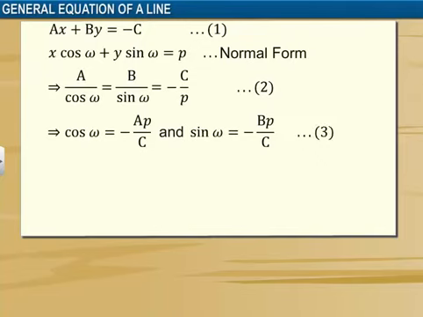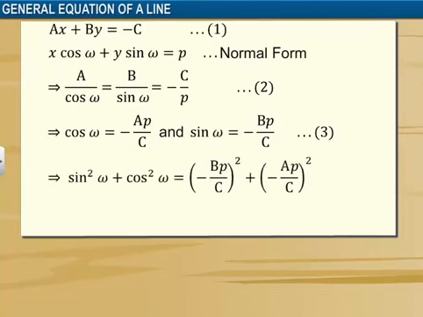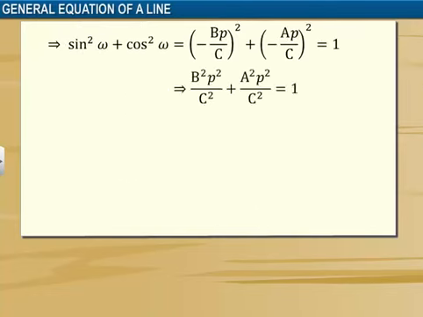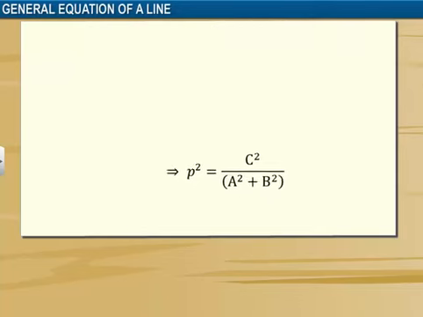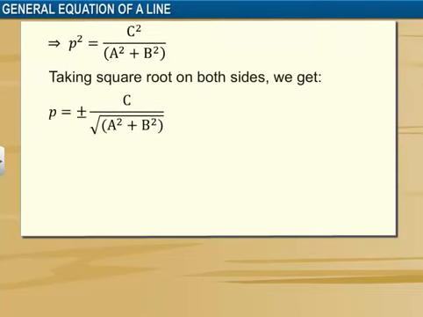Substitute these values of sin omega and cos omega in the identity sin square omega plus cos square omega equal to 1. On simplifying, we get the value of p as plus or minus c upon under root a square plus b square.